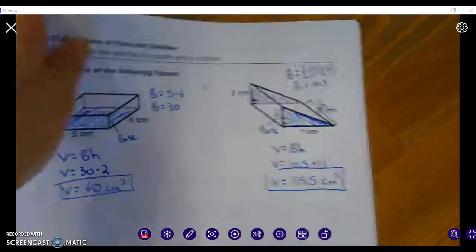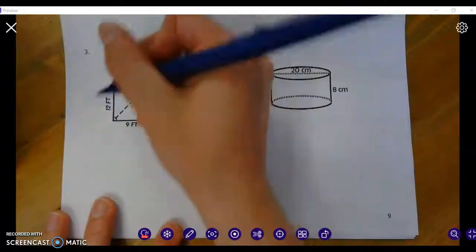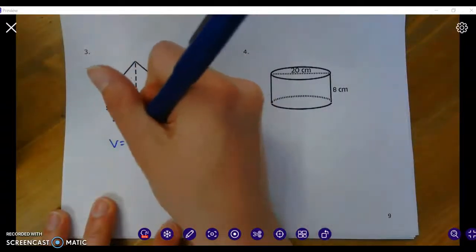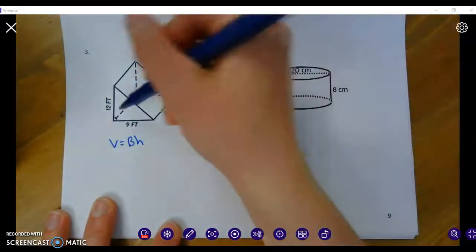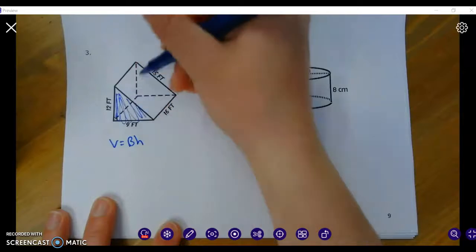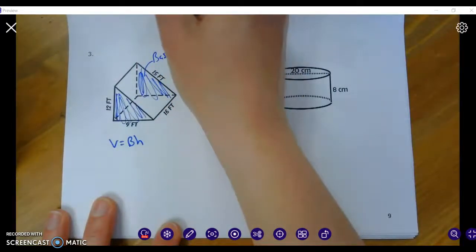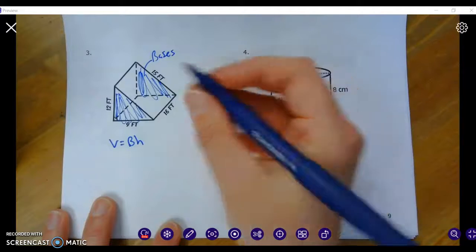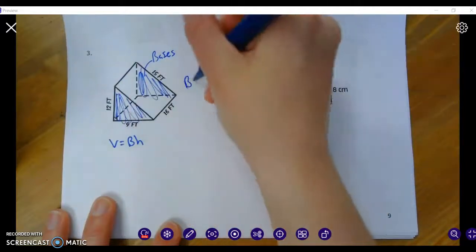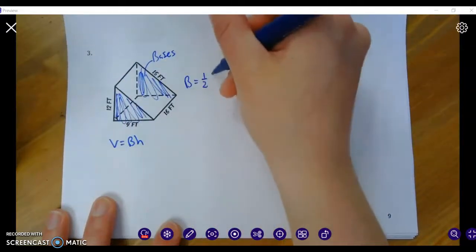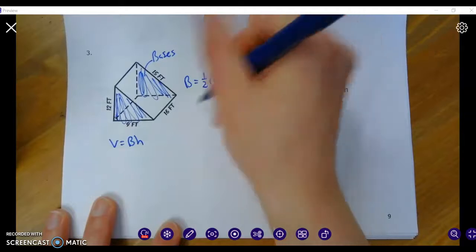Okay, we're going to do another triangular prism. So our formula is area of the base times the height. So our bases are the 2 triangles. Okay, so area of my base, it's a triangle. So we do 1/2, and then 12 times 9.